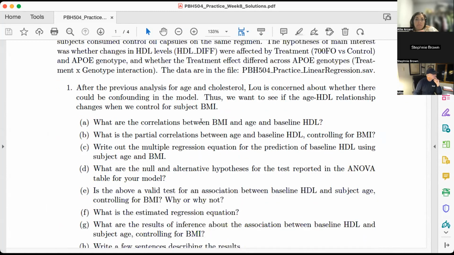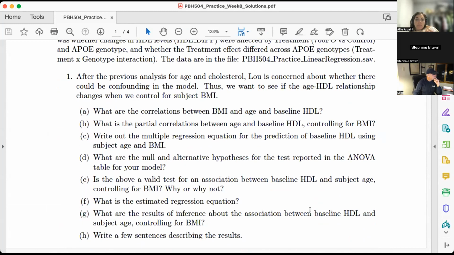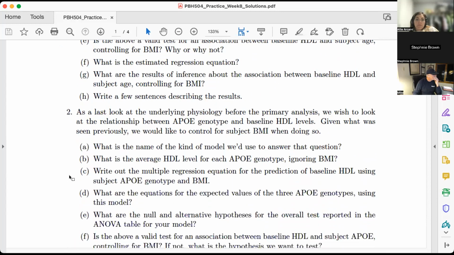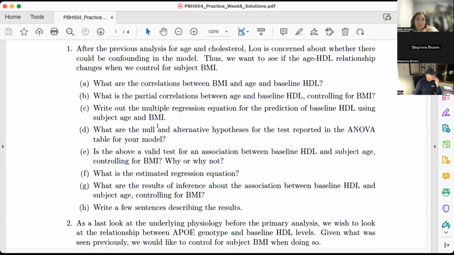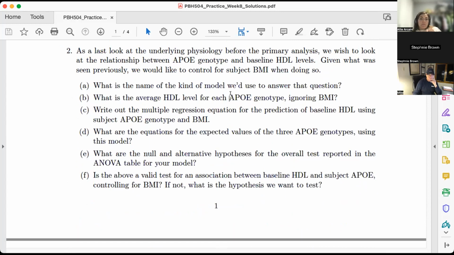We'll do baseline HDL and BMI, and then we're going to add the factor. So we'll get some results for BMI and HDL, and then we'll go on to adding the factor.